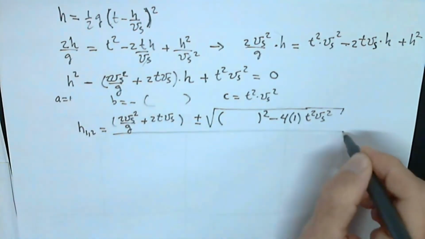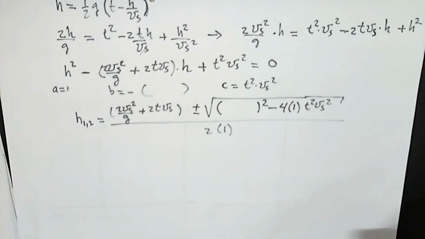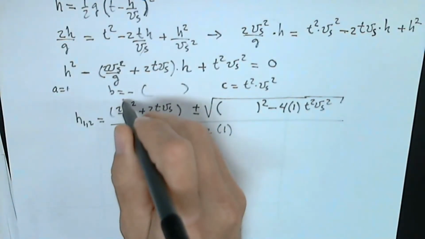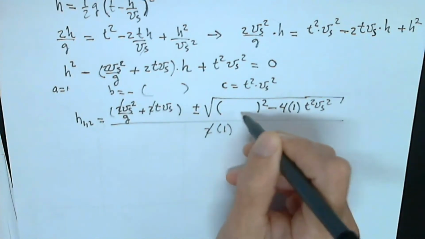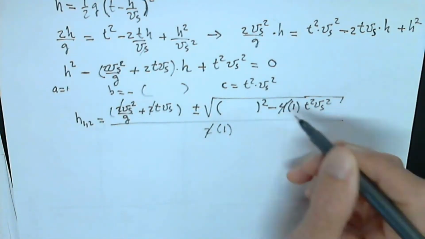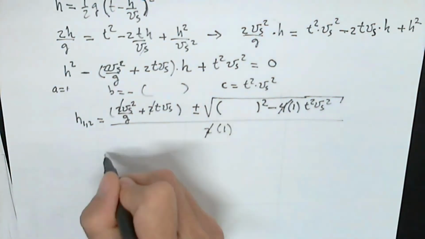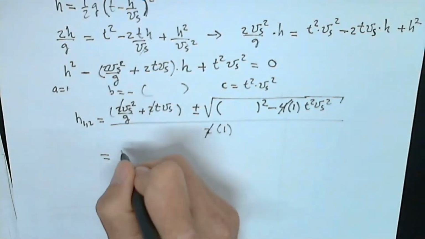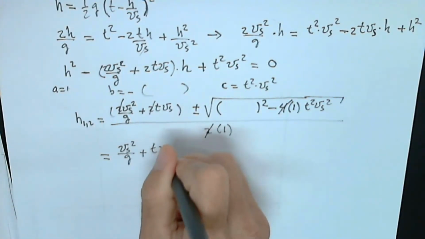And then everything is divided by 2 times 1. I can cancel these 2 and over here as well. The square root of 4 is 2, so it cancels that too, so I don't have a denominator. And I have bs squared over g plus t bs.